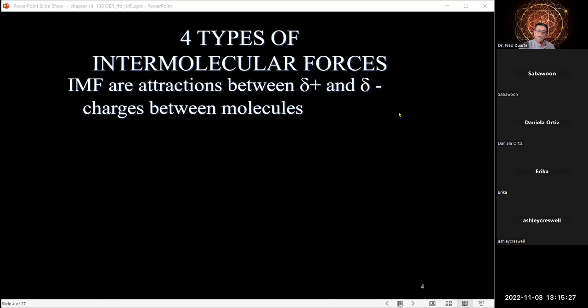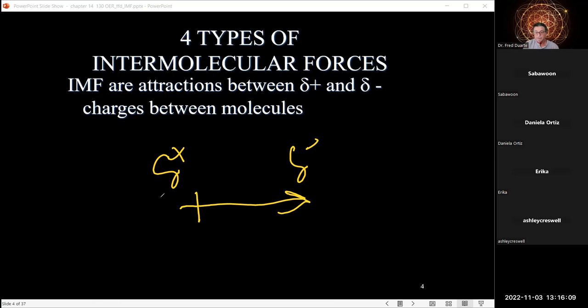So here are 2 types of forces. What's happening here is that all molecules have either a permanent dipole or a temporary dipole. Recall when we talked about dipole, 2 poles. Remember the dipole arrow that we had, where we had a partial negative and a partial positive side. Some molecules, depending on the compound, had a permanent dipole, so they permanently had a partial positive side and a partial negative side.